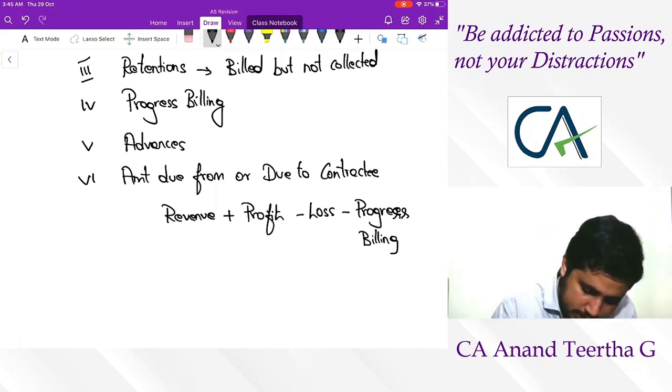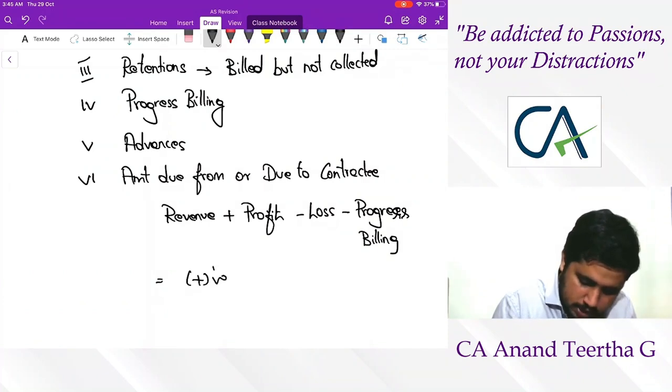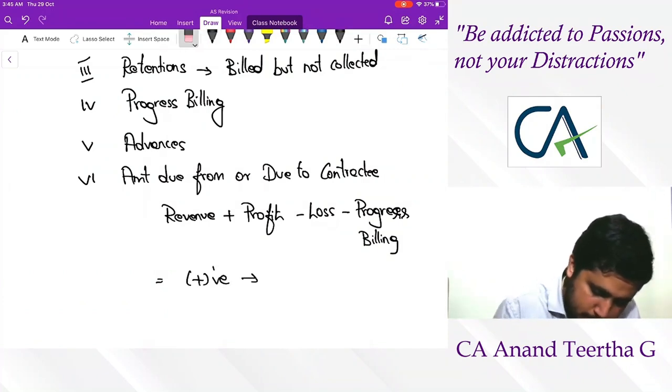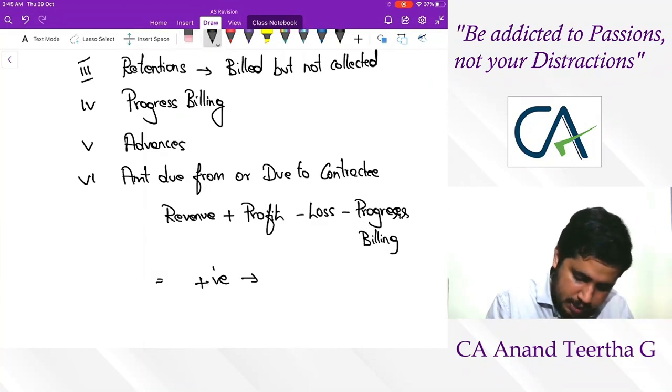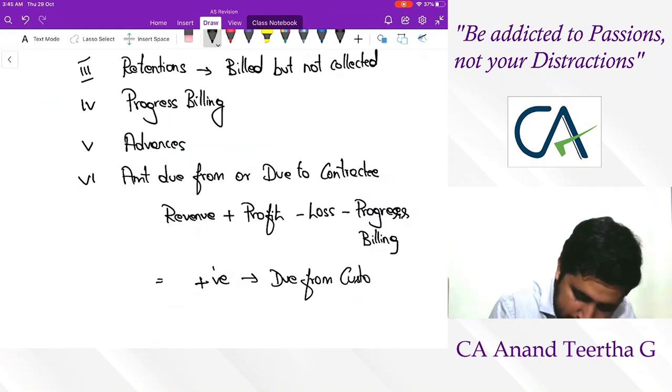Now, if the answer is positive, then I will remove the bracket symbol. If the answer is positive, then consider this as due from customer, which is the contractee.